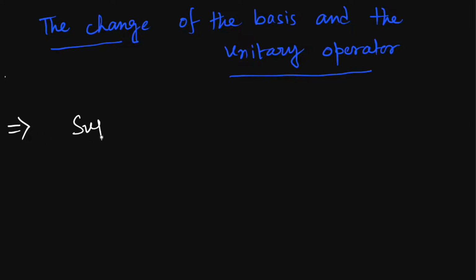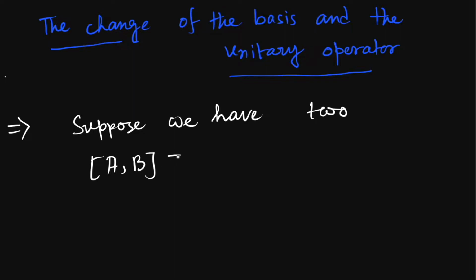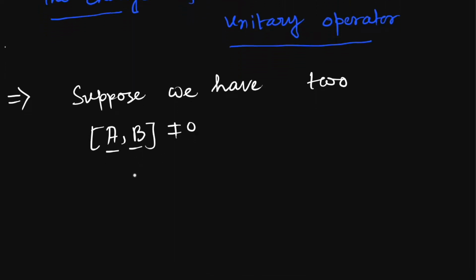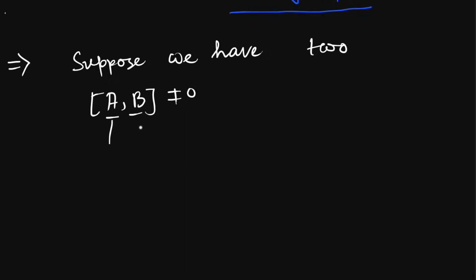Suppose that we have two incompatible operators, that means [A, B] not equal to 0, and both of these operators are Hermitian.